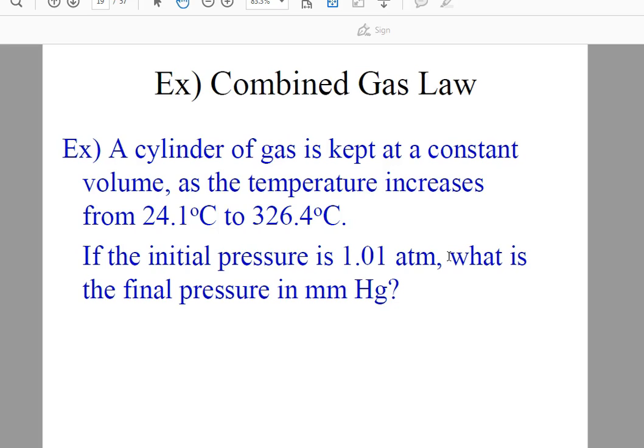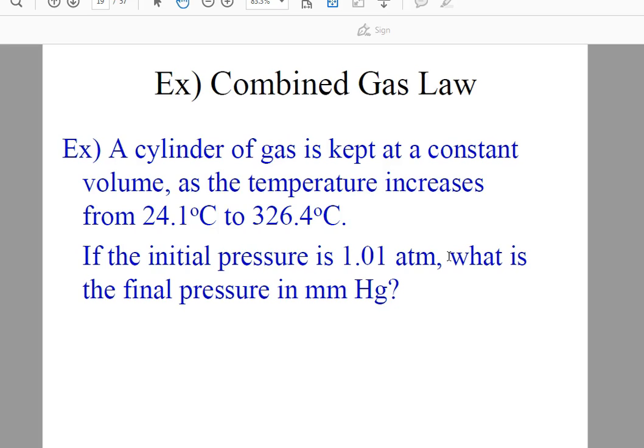I'm going to start with this combined gas law equation. If you look on your note sheet, the next slide there is blank to allow you some room to work the problem. They started with the fractional equation, so we just cross multiply so that we don't have that fraction when we start.